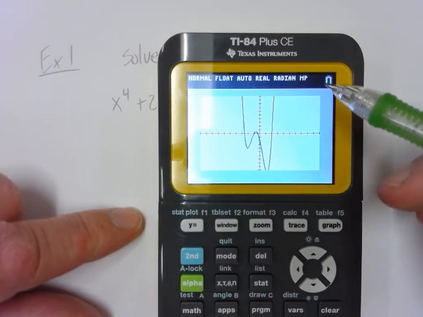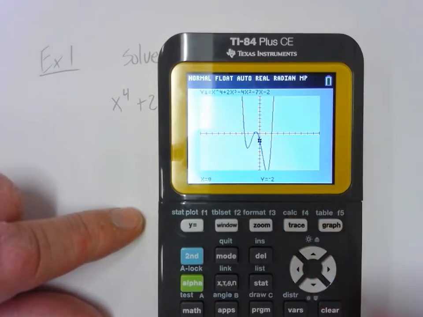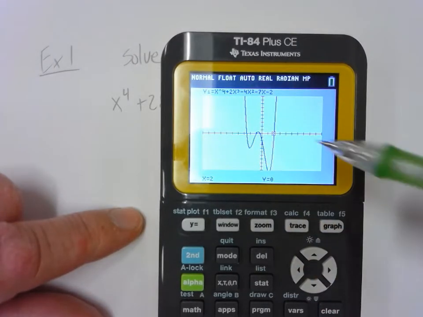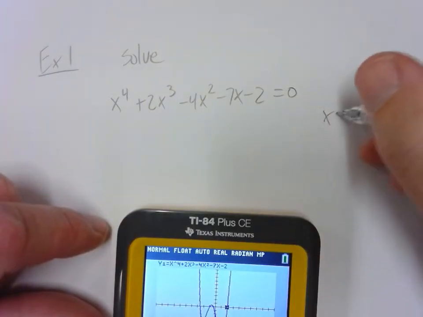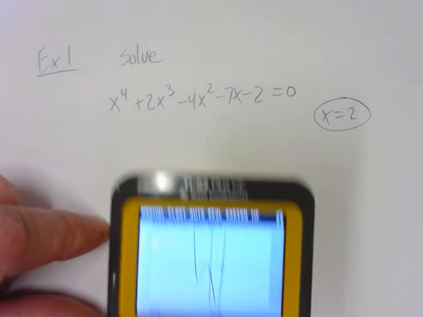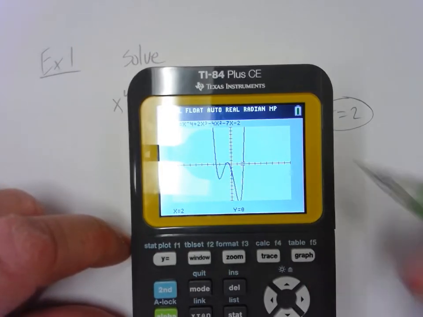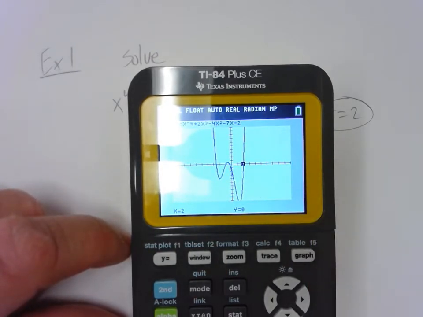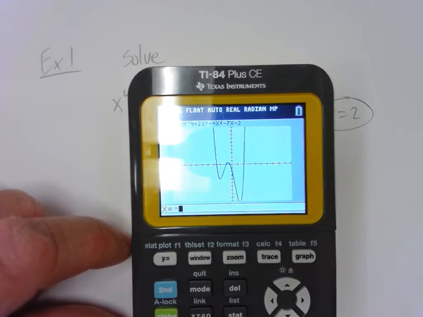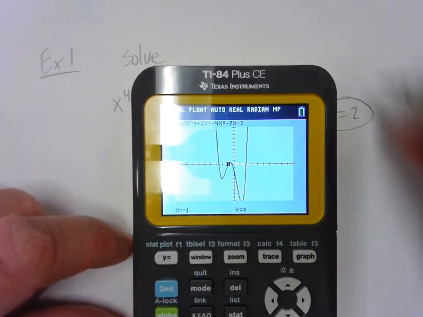So I'm going to go to the trace key and type 2, enter, and sure enough, 2, 0 is one of the roots of the equation. So x equals 2 is one of the solutions. And it appears that it crosses at -1. So I'm already in the trace mode, so I'm going to type -1, enter. And -1 is also a 0 of the function.